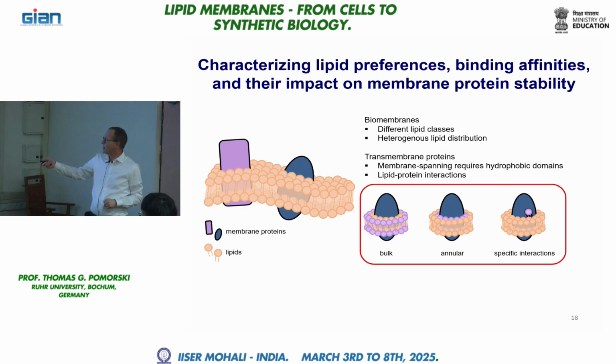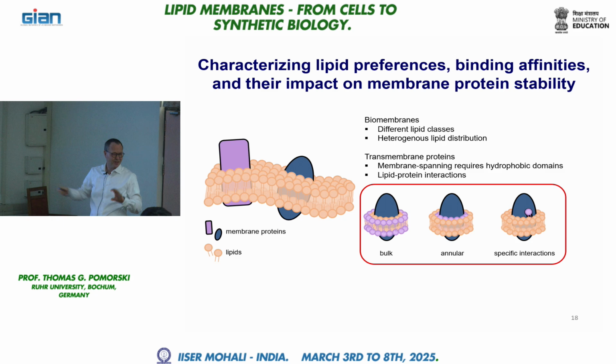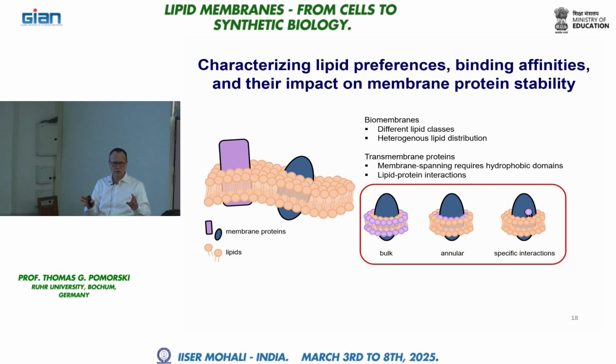So if you want to study this, you could maybe use detergents, carefully, but you would wash out all the bulk lipids, all the annular lipids, but not the bound lipids. If you are interested in these annular lipids, then you cannot use detergent.